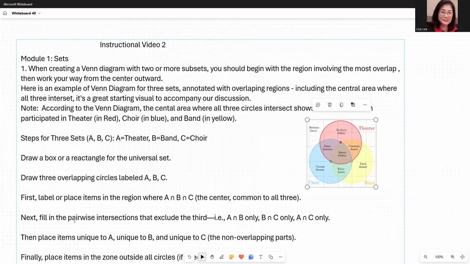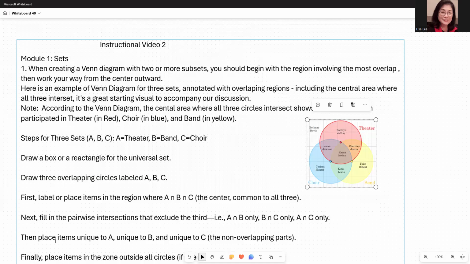Next, fill in the pairwise intersections that exclude the third. It means we will do A intersects B only, then B intersects C only, and A intersects C only.